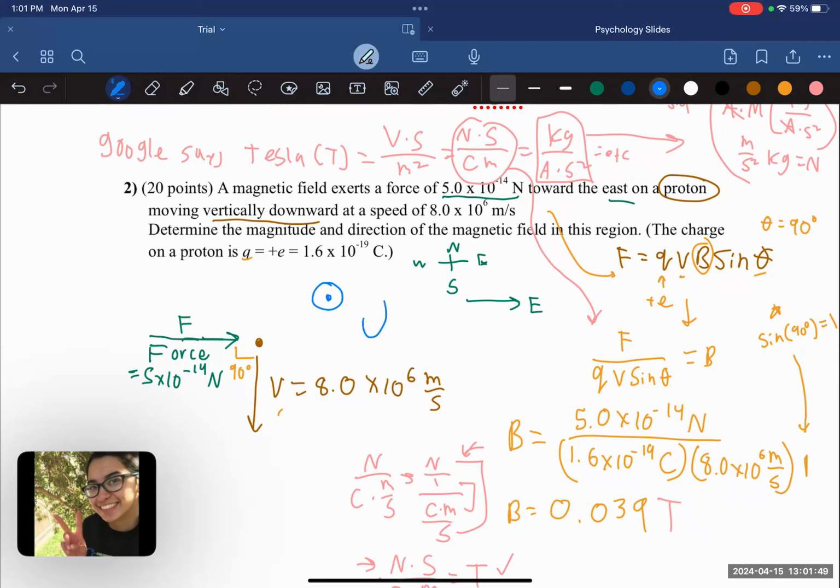Because it's kind of coming like this out of the page. I don't know, it's hard to draw. It's like going into the page and out of the page. And then you have your magnitude here. Cool.